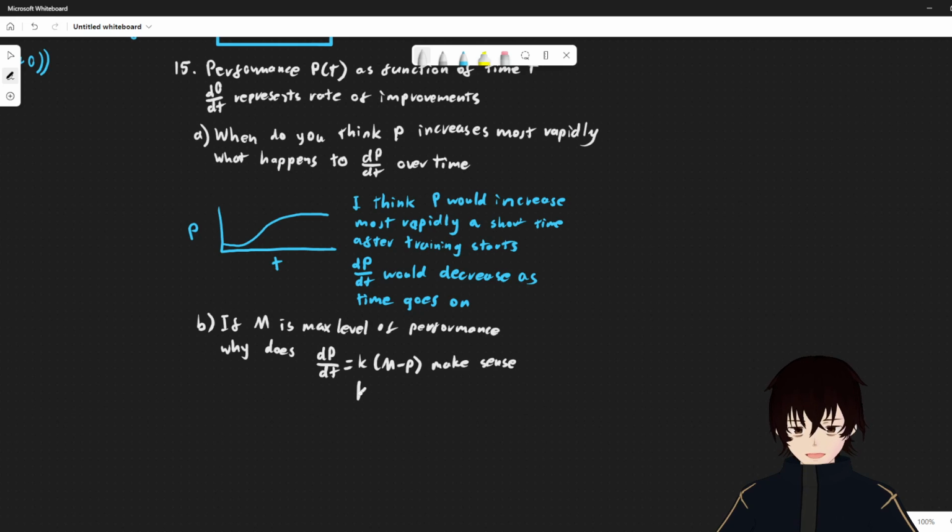It's really lagging now. I can't even draw keystrokes quickly. Oh yeah, I already said M is max level.